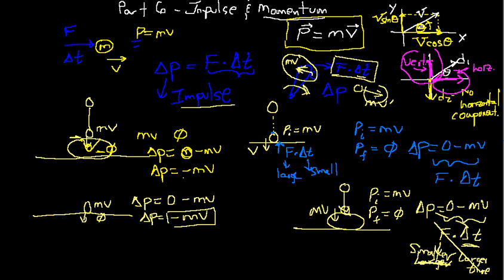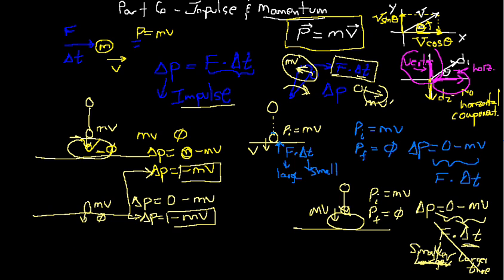So what I wanted to say was that the change in momentum, whether you're on the pillow or on the floor, is exactly the same. It's minus mv. So if that's the case, then the changes in momentum are the same.